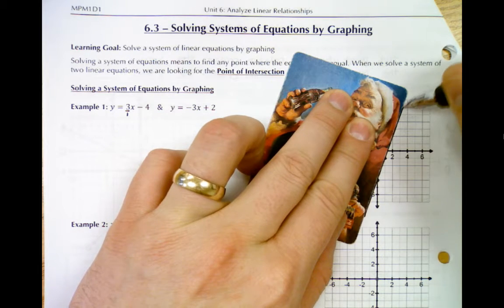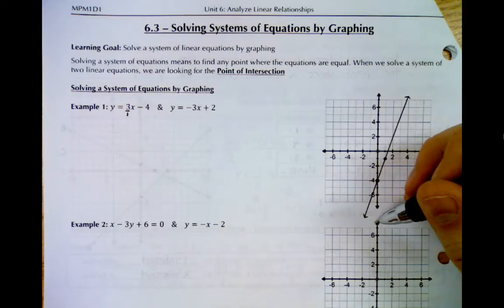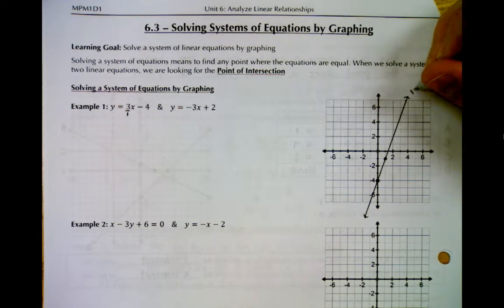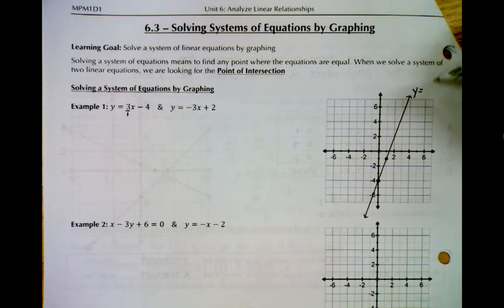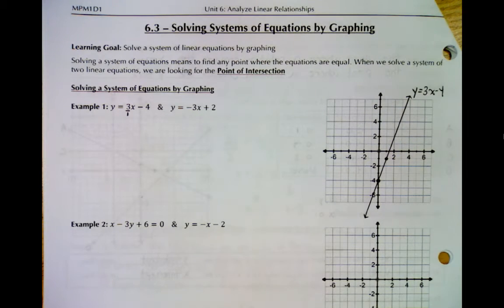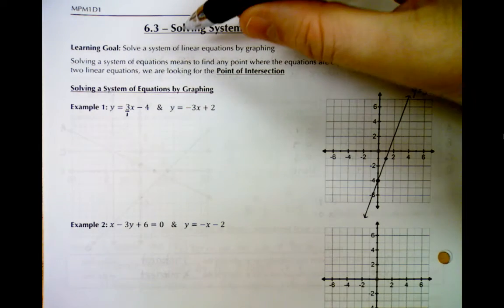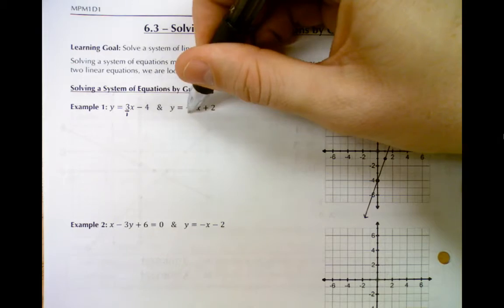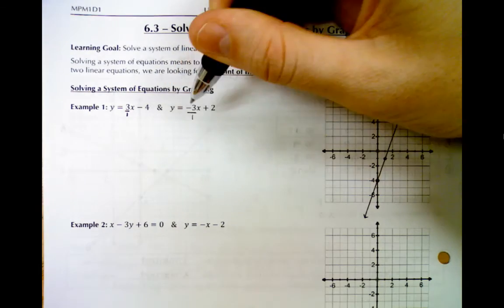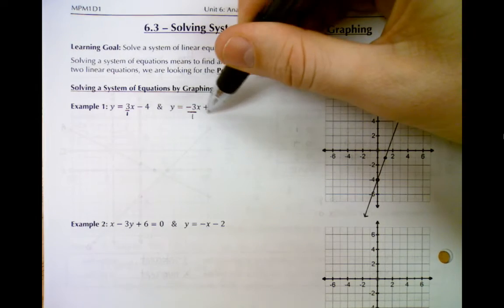We're going to continue our line across the entire graph to make sure that we can find the point of intersection, and we're going to label the line with the equation, 3x minus 4, so we know which line is which. To graph our second line, we have y equals negative 3x plus 2. That slope would be negative 3 over 1, so it would be a fall of 3, a run of 1, starting at the y-intercept 2.